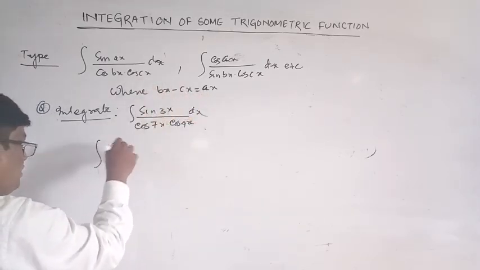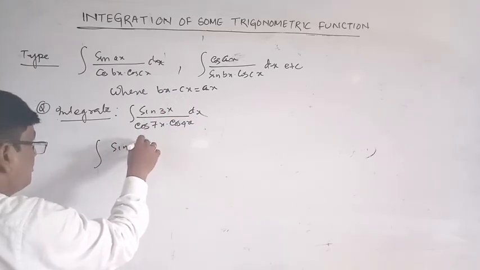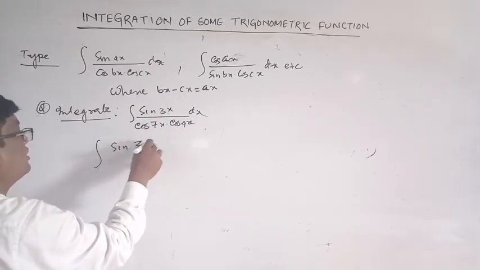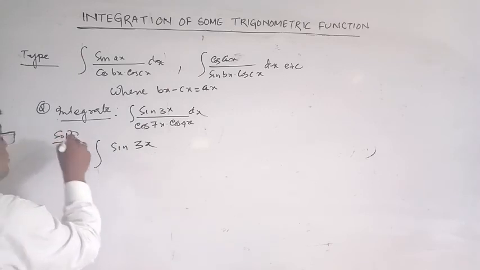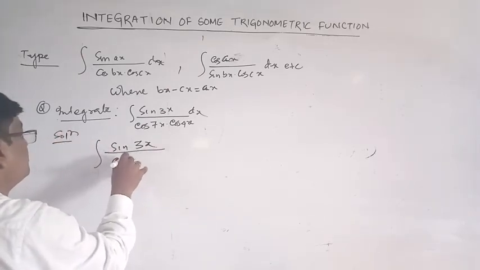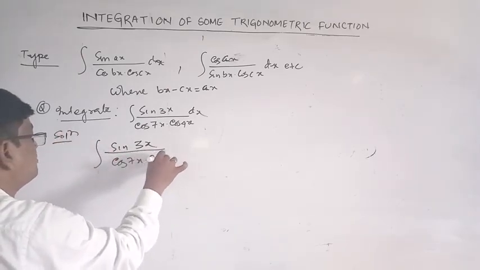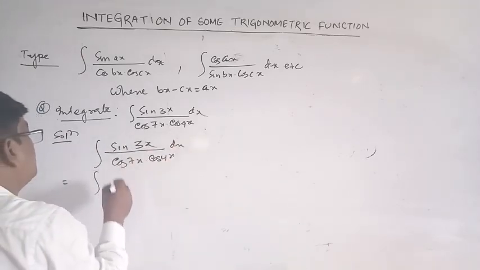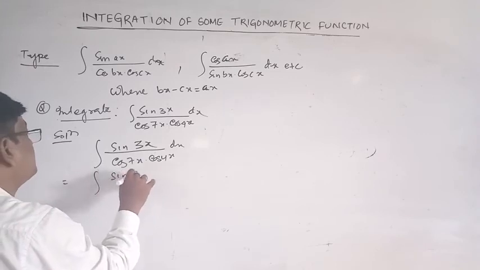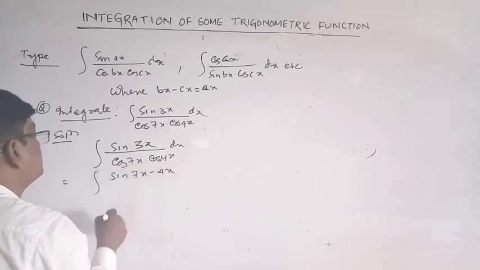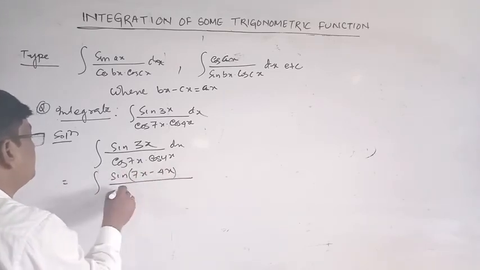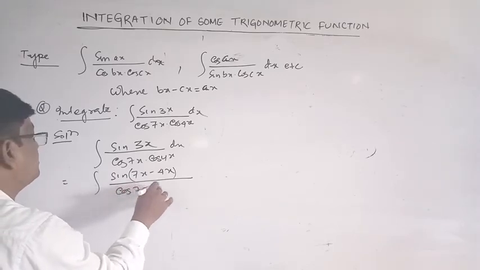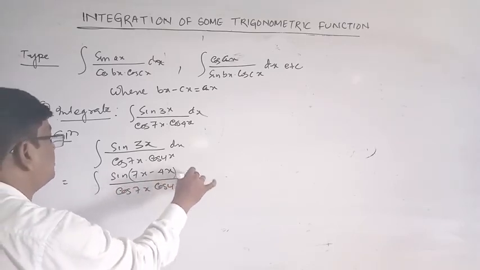Okay, so sin 3x means what? So this is the solution: sin 3x divided by cos 7x into cos 4x dx. So this is sin of 7x minus 4x divided by cos 7x into cos 4x dx.